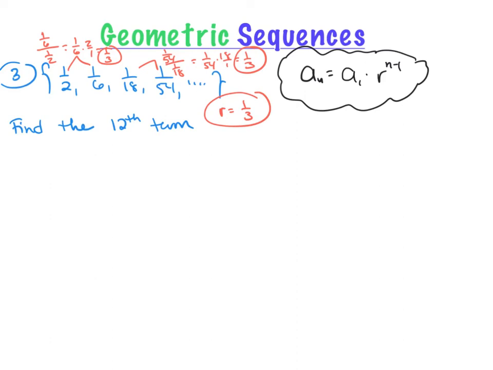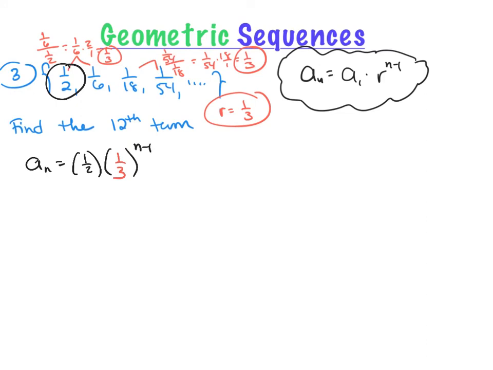So we continually multiply by 1/3. And remember, we're going to use our formula here since it's a geometric sequence. The first term times r to the n minus 1 for the nth term. So the first term we know is 1/2. R we just figured out is 1/3, to the n minus 1.